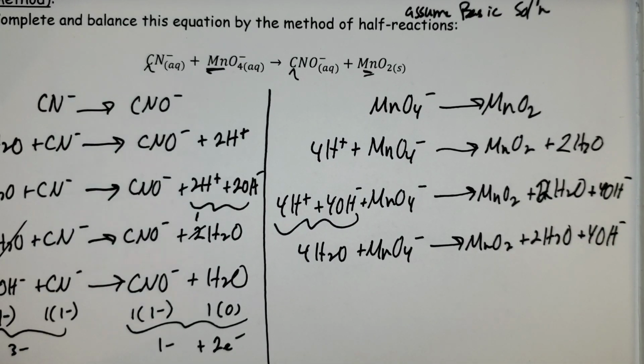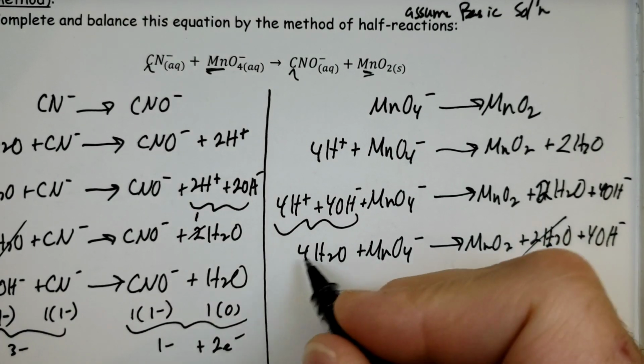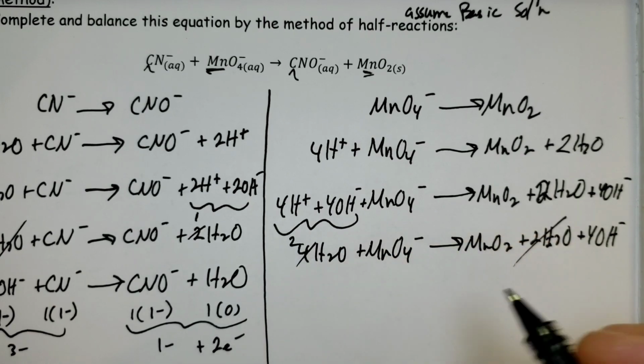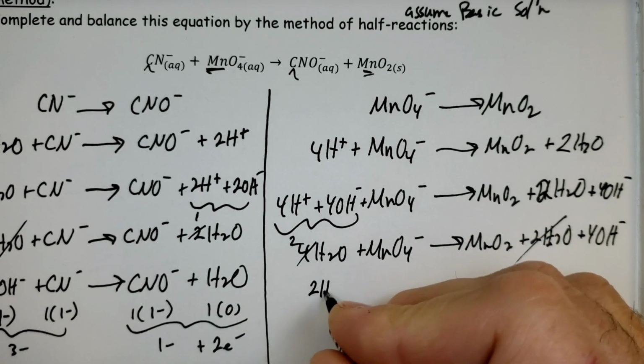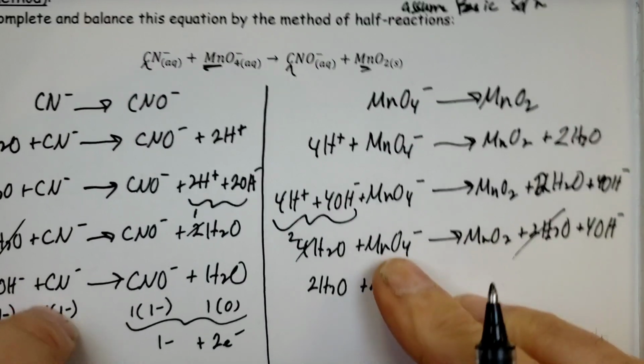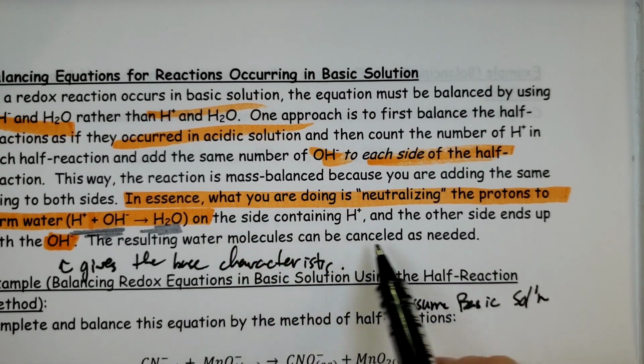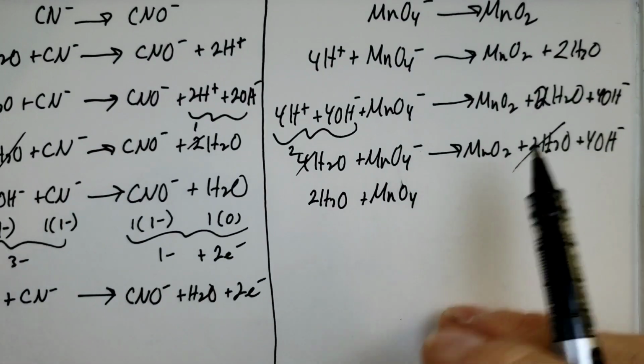So we should be good there. Now, can we get rid of some water? Four waters, two waters. So two cancels with two, leaving me with two. So always do that if you can cancel out water. You can balance that out.